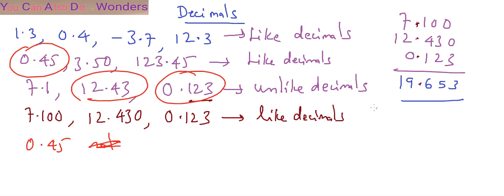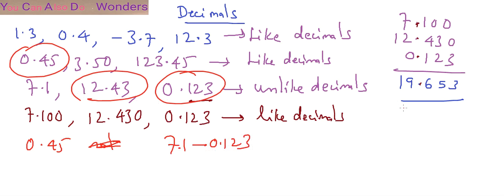Same way, subtraction. Suppose we want to subtract 0.123 from, say, 7.1. So that means 7.1 minus 0.123.